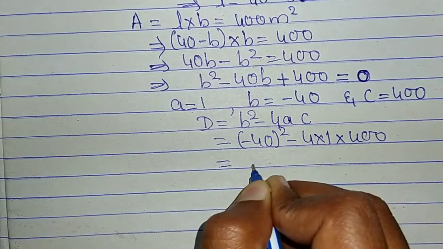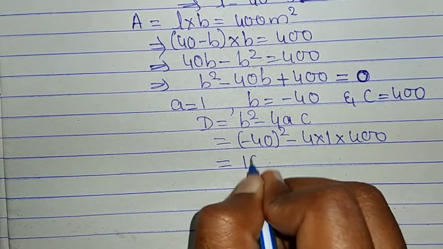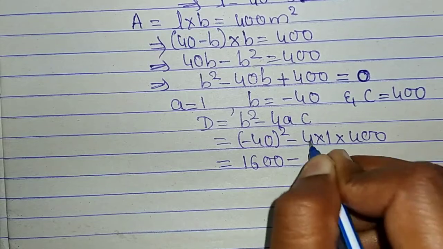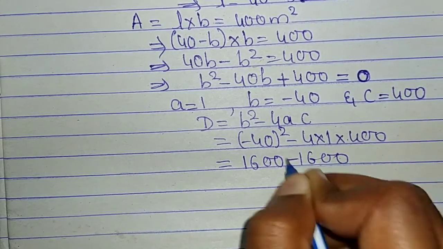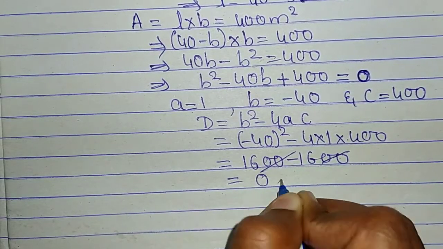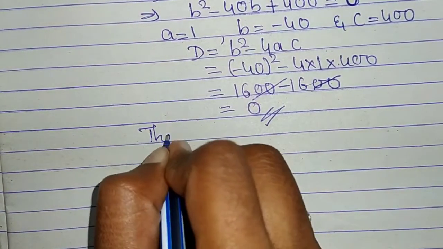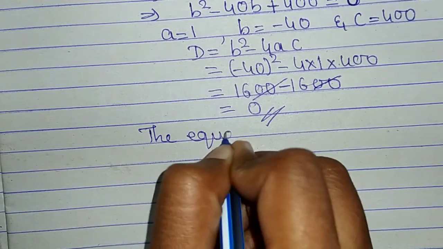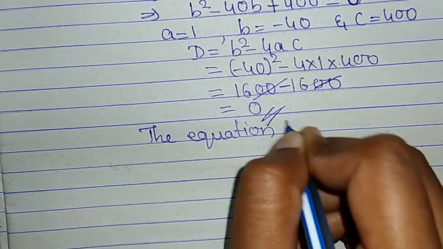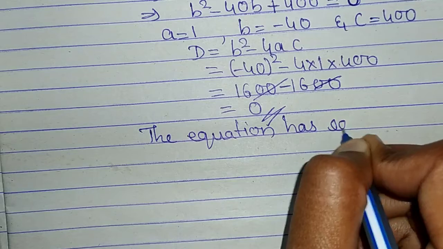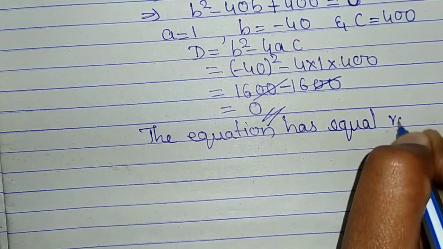So 40 whole square is 1600, minus 1600. So the discriminant is equal to 0. Since the discriminant is 0, the equation has real and equal roots.